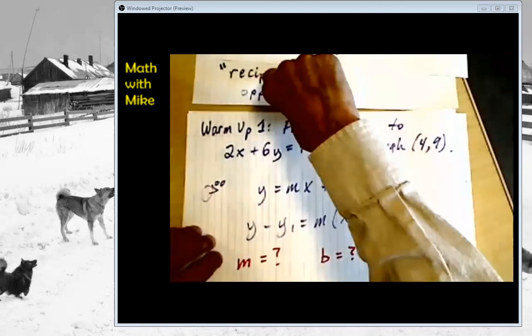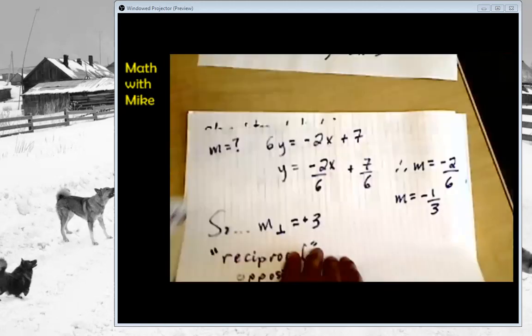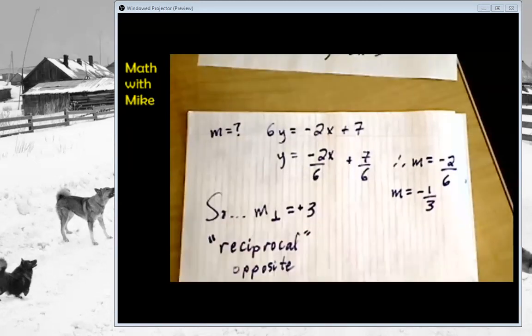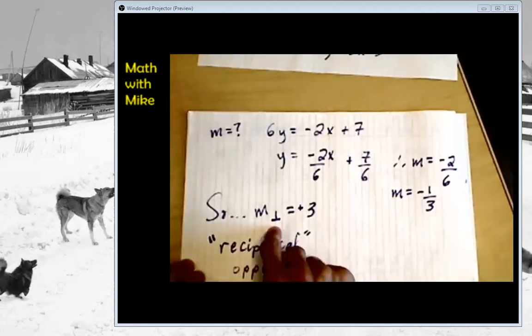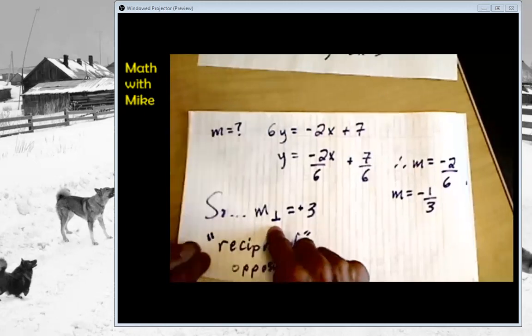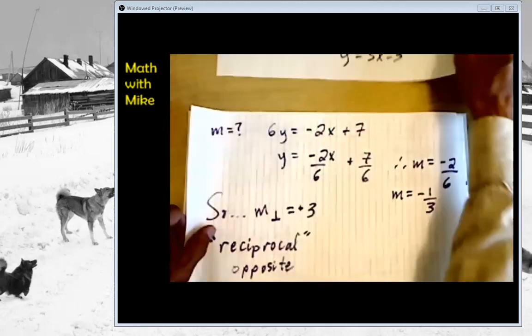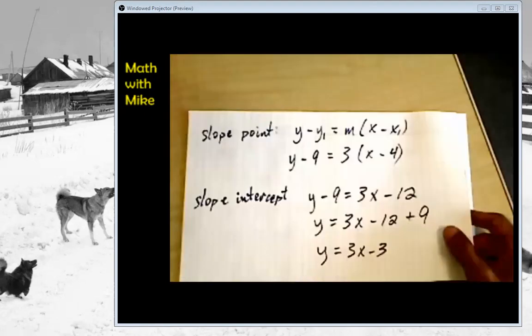The second page was this one. So we had to find the slope for it. Slope for the perpendicular line, right? And then there are different styles we could find. That's what this page is, the style page.